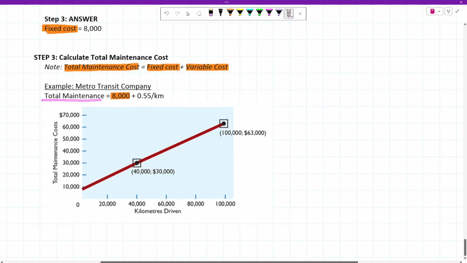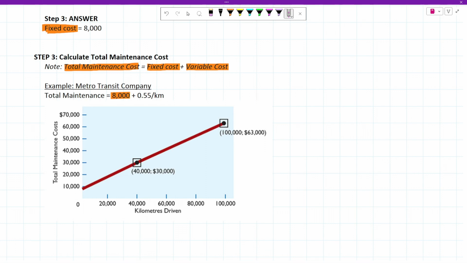And you guys can see that the diagram below shows us the results. So if we grab our calculator and we just want to make sure, we do 0.55 times, let's say the kilometers driven, we're going to do 40,000. So 0.55 times 40,000 plus 8,000 gives us 30,000.